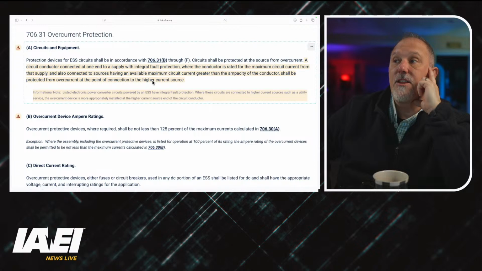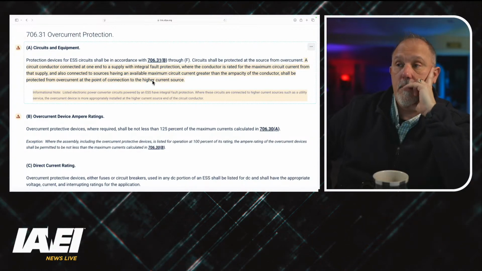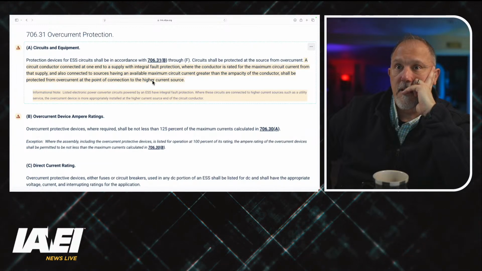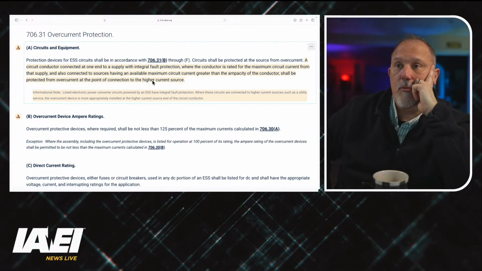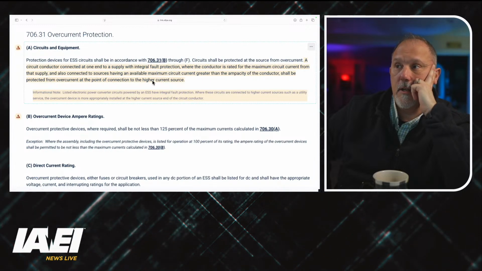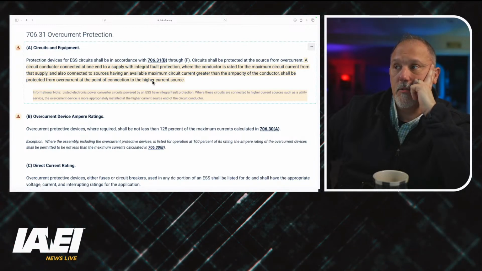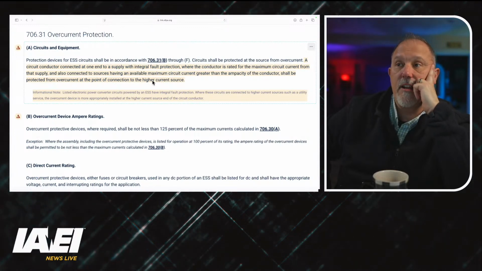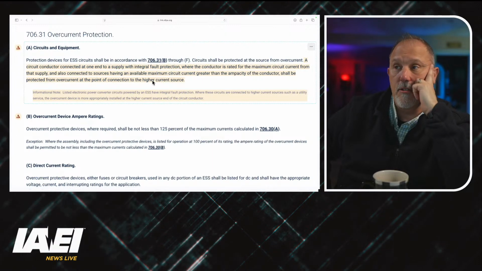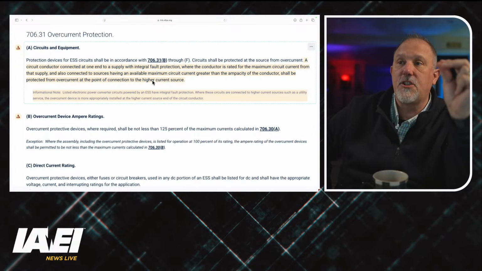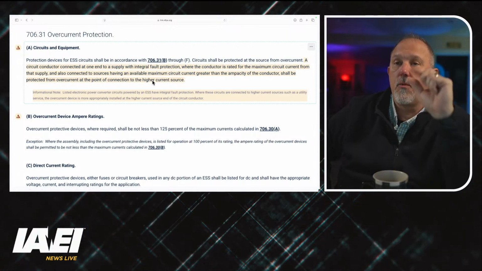Circuits shall be protected at the source from overcurrent. A circuit conductor connected at one end to a supply with integral fault protection, where the conductor is rated for the maximum circuit current from that supply and is also connected to sources having an available maximum circuit current greater than the ampacity of the conductor, shall be protected from overcurrent at the point of connection to the higher current source.